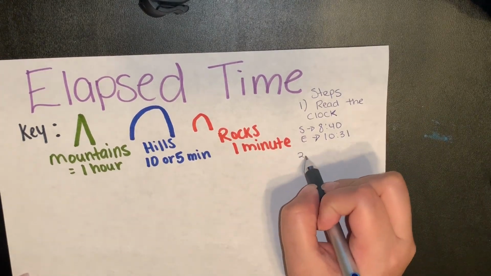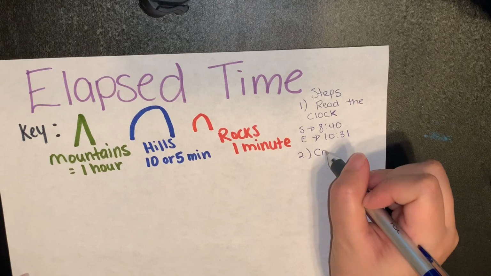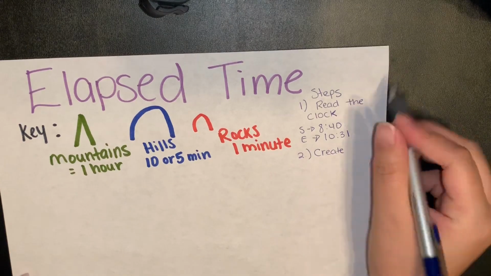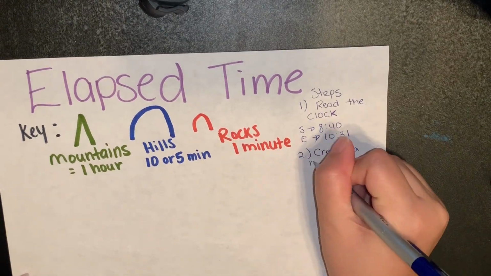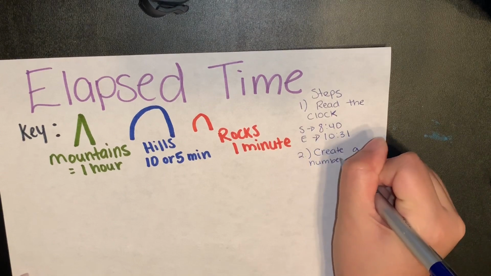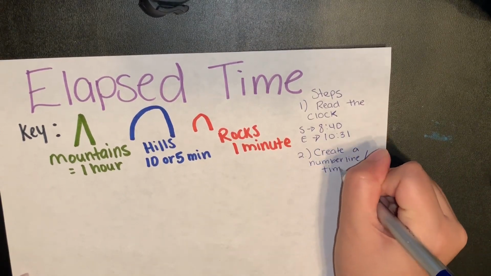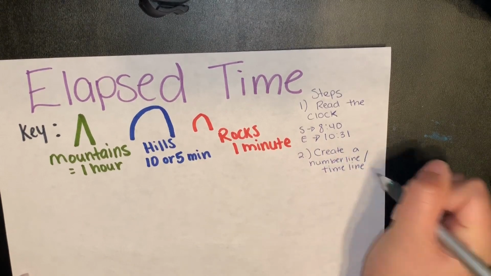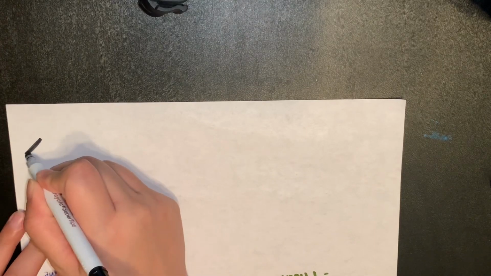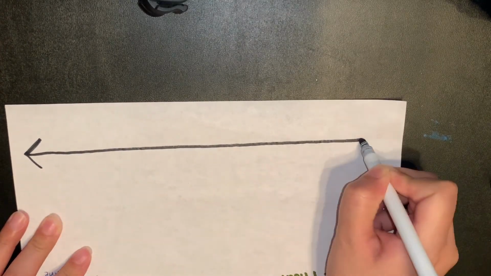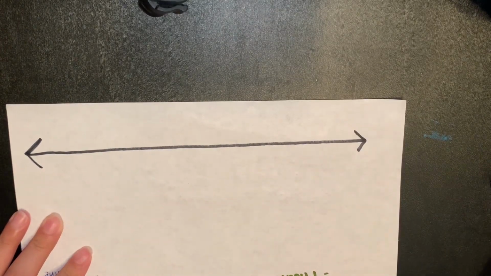Our step 2 is to create a number line, or a timeline. So we start by drawing a regular number line.